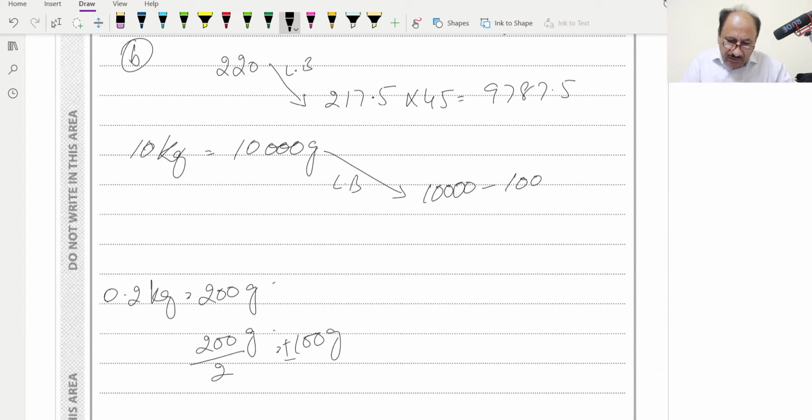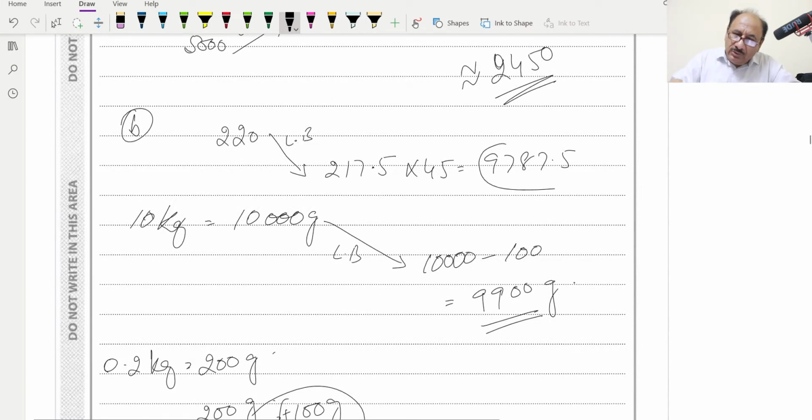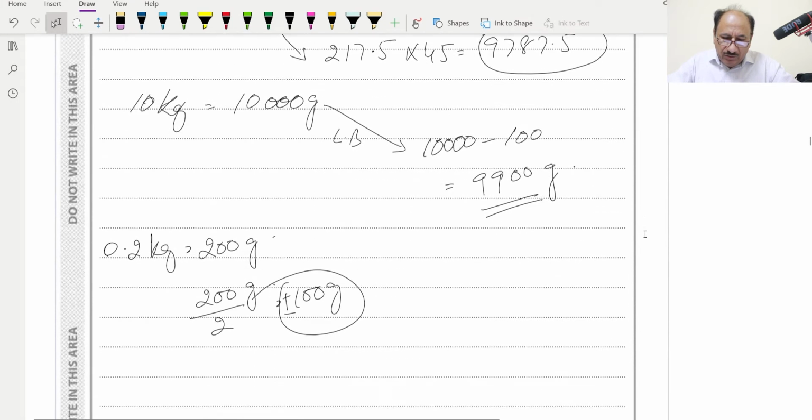So plus or minus 100 gram for the upper and lower bound. In this case we are finding the lower bound, so we subtracted 100, and this will be 9,900 grams, which is more than this.